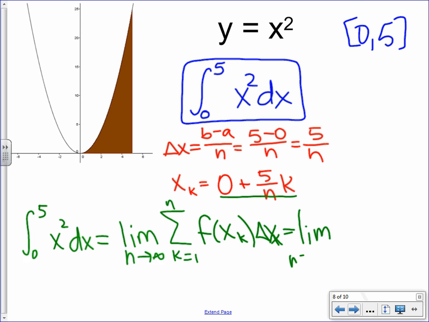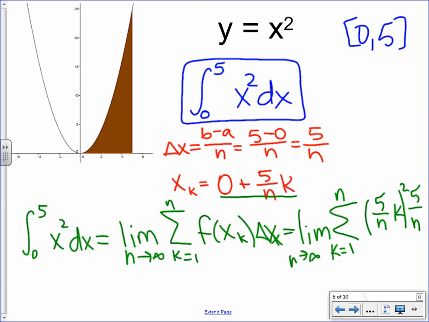So f of x means we're plugging x into our function. So 5 over n k squared, that's our function, times delta x, which is right here, 5 over n.